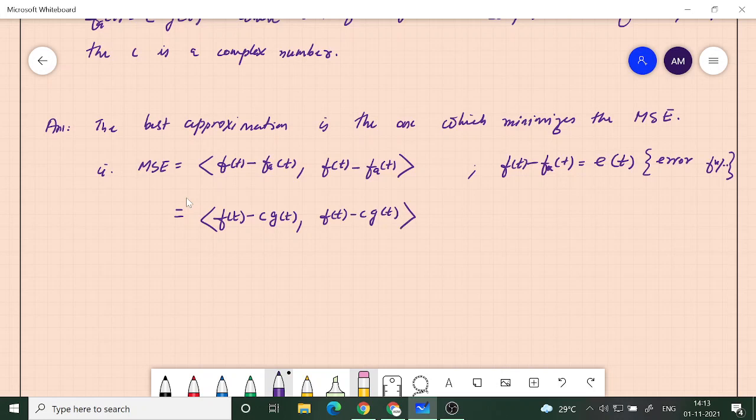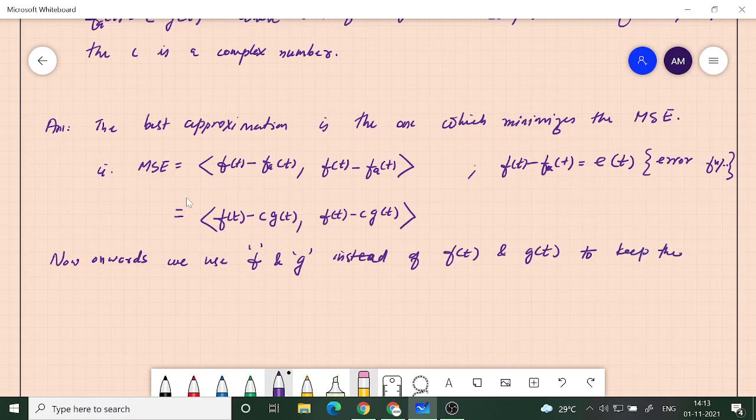From now onwards I will use f and g instead of f of t and g of t, to keep the expressions simple.